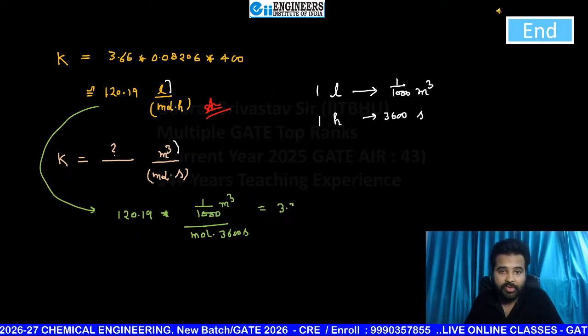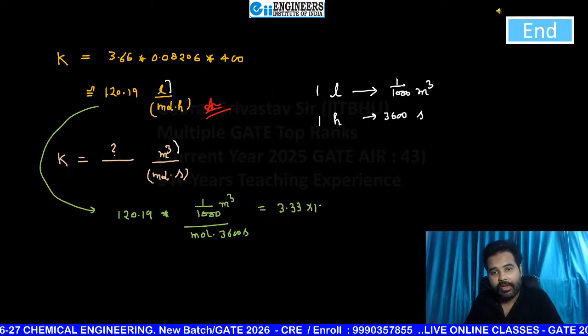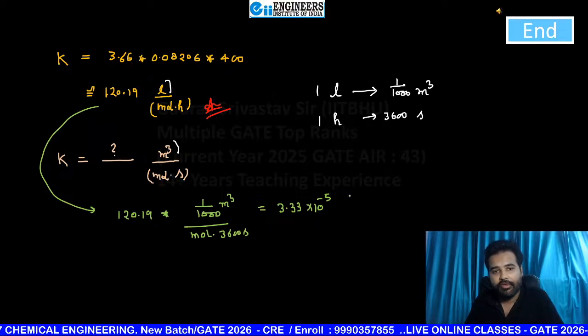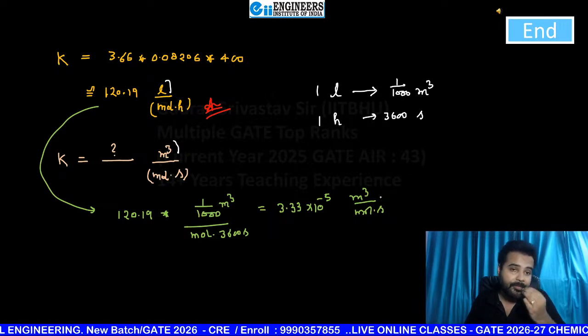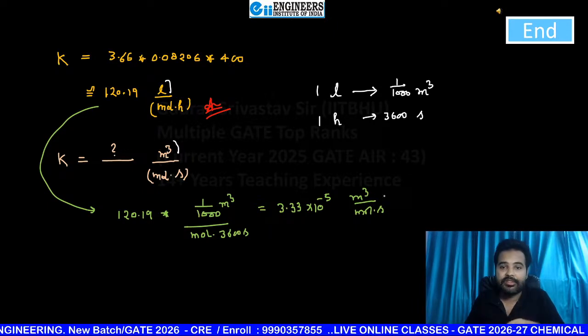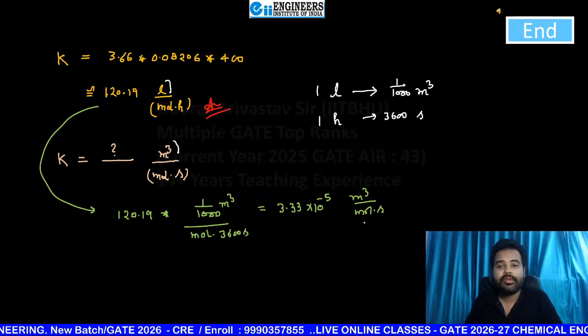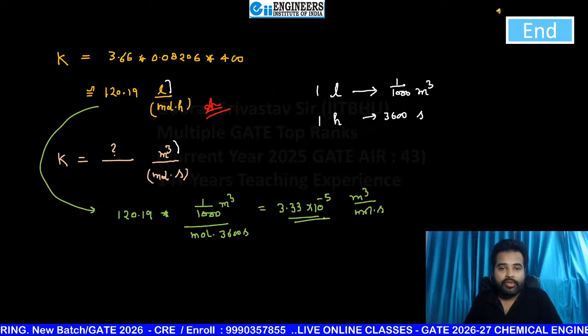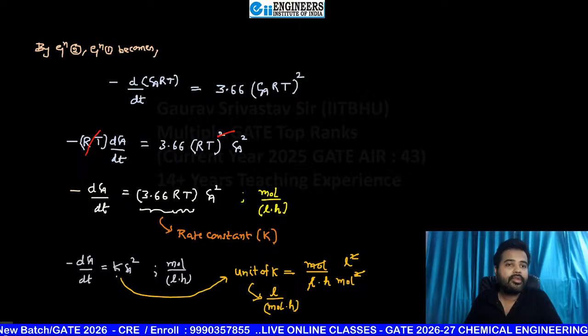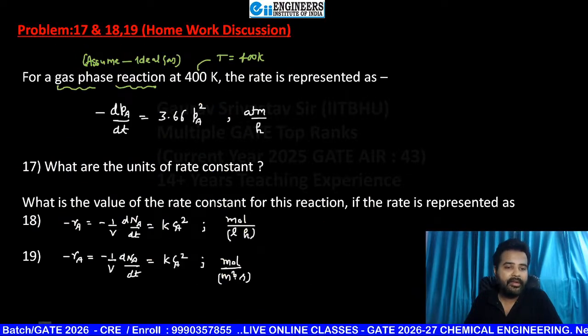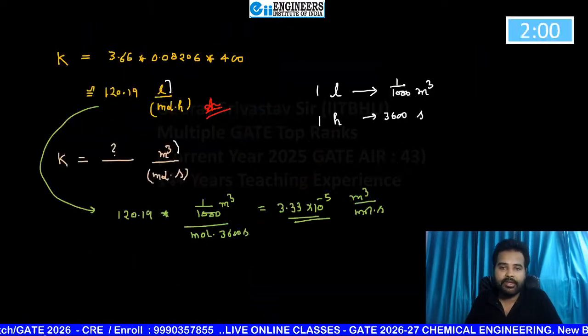So I'm writing 3.33 into 10 raised to power minus 5 meter cube per mole per second. Is it crystal clear to all of you, beta? So this is your answer number 19.